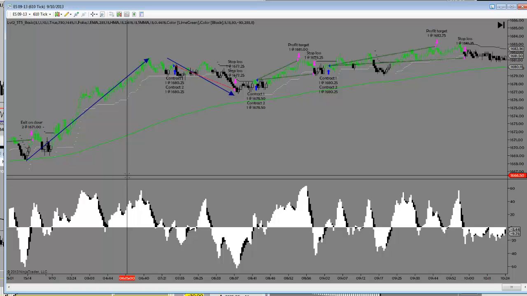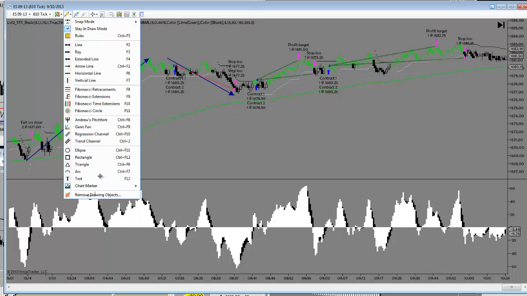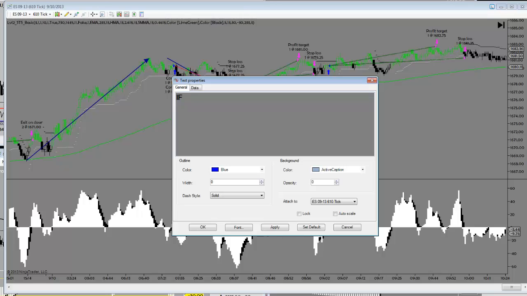So what if we did a system and said, if price, well, let's just say this. We're always talking about price this way.